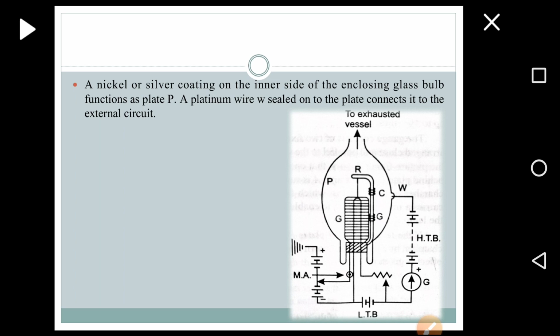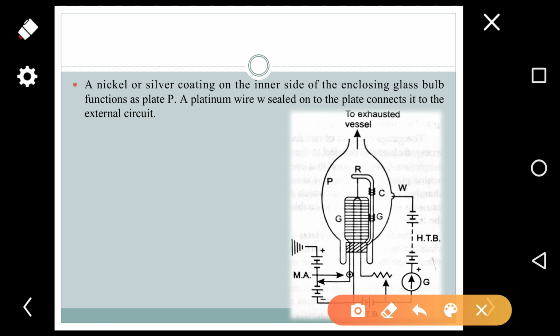A nickel or silver coating on the inner side of the enclosing glass bulb functions as the plate. A platinum wire W is sealed onto the plate and connected to the external circuit.